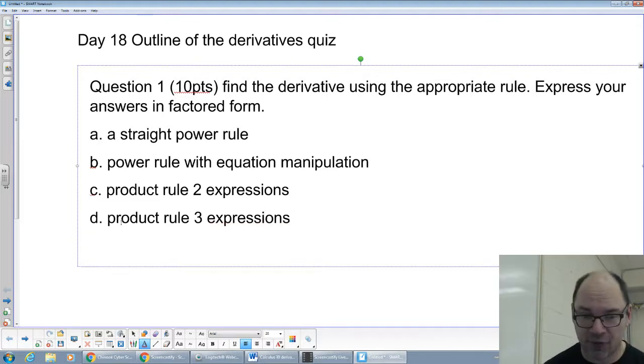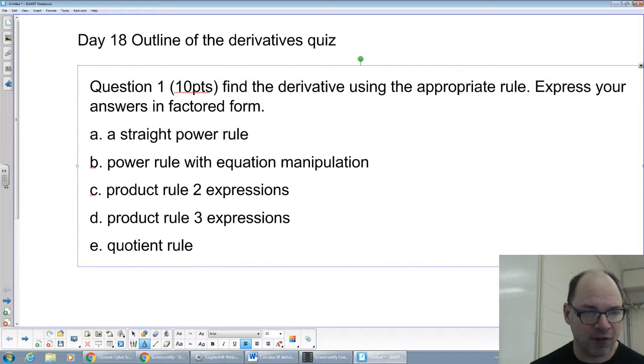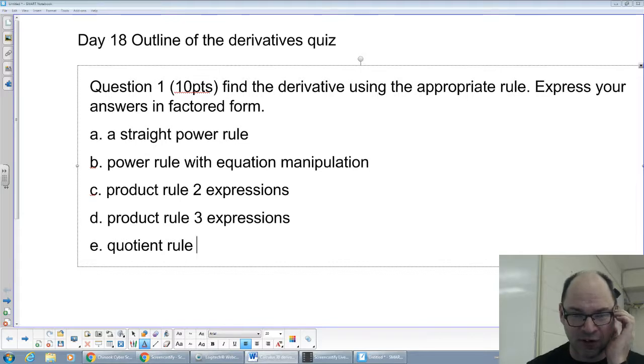And then the last one in that section is a quotient rule, with just two expressions, which is all we ever did in this. And that's our first question on the exam.